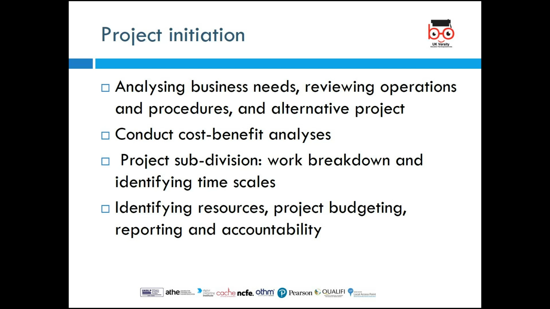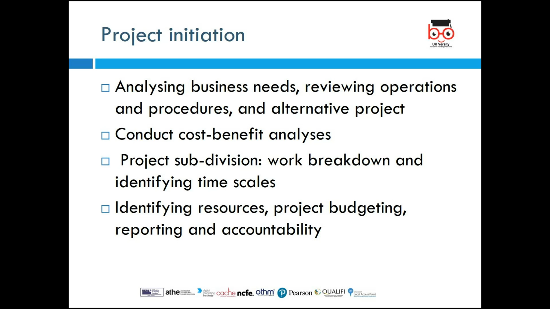Number one, do we allow them to go out at break time to go and buy food? That's one alternative project. Number two, do we build a staff canteen at the hospital so that staff can go there and eat? That's another alternative.